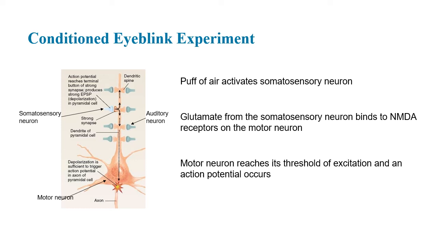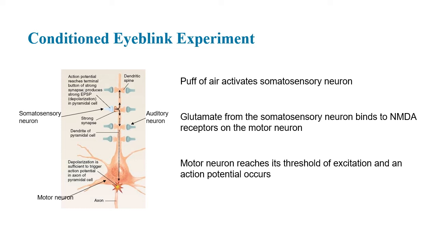Then the Eyeblink neuron firing has a dendritic spike that comes back up the dendrites, and it's releasing the blocker, and the tone neuron, the one that's associated with the tone, is firing at the same time. And again, it didn't have enough on its own to cause the Eyeblink, but it's firing at the same time.